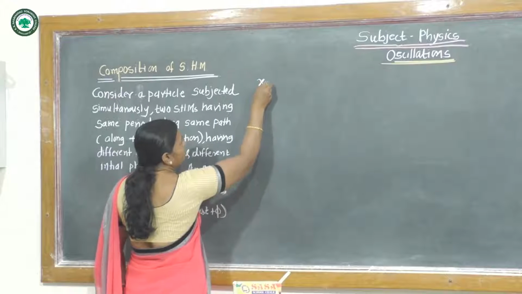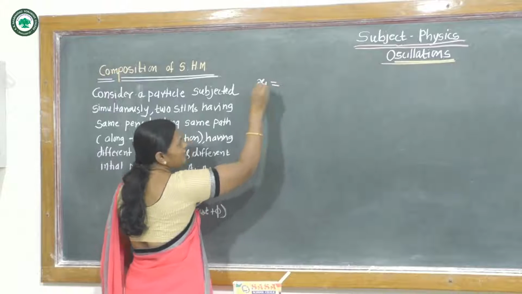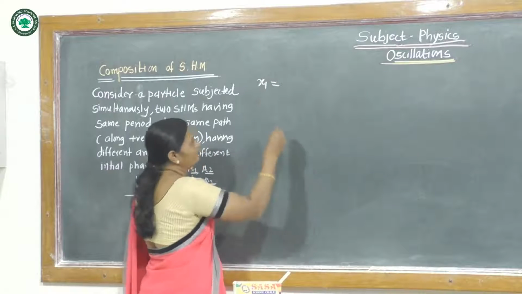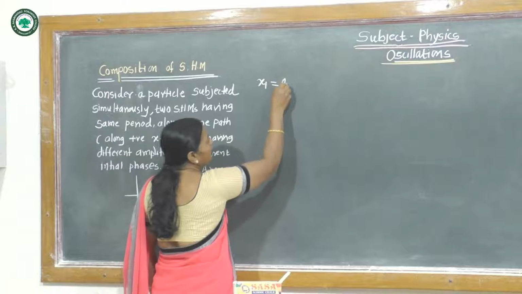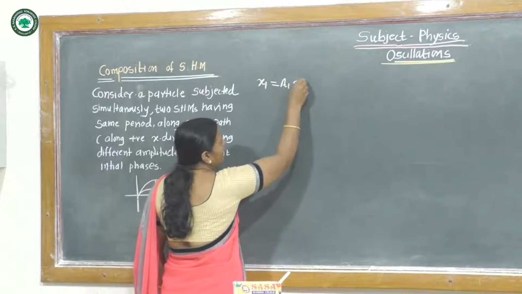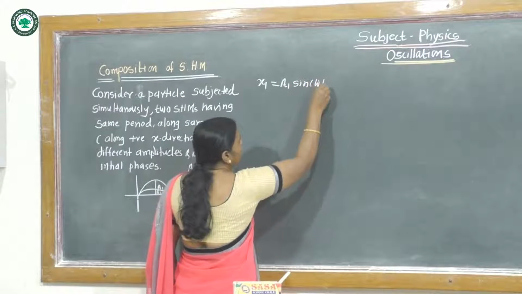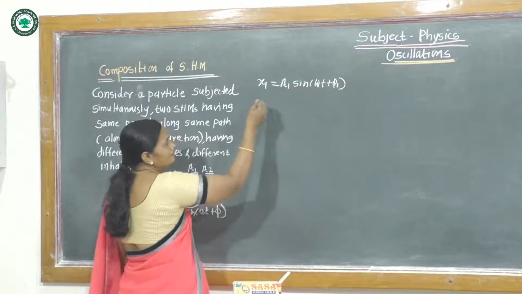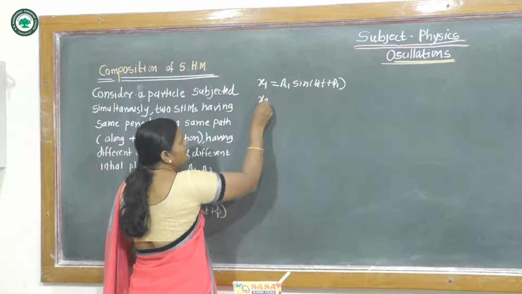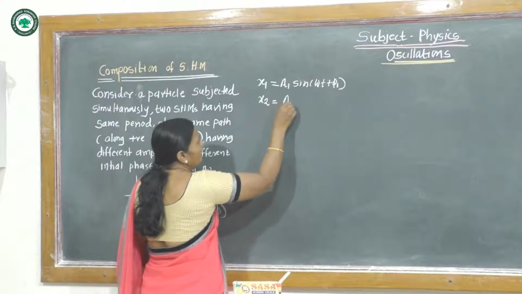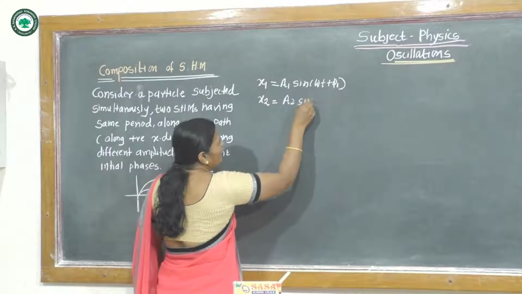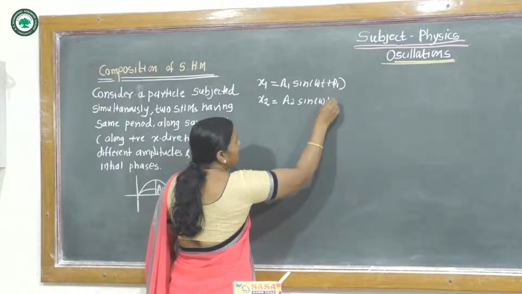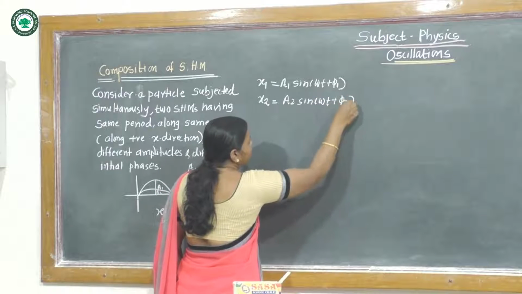We can write x1, the displacement for the first SHM, as x1 equals A1 sin(omega t plus phi 1). Another SHM has displacement x2 equals A2 sin(omega t plus phi 2).